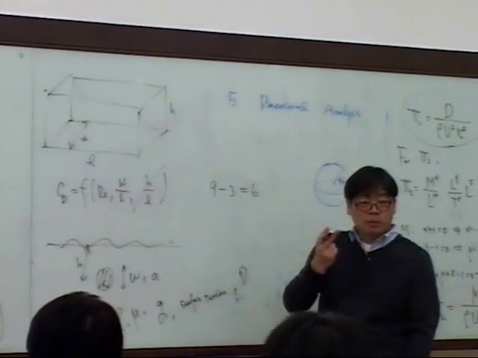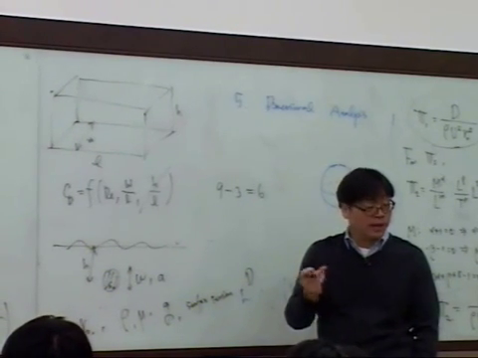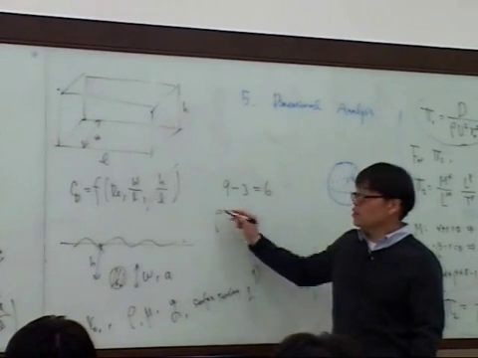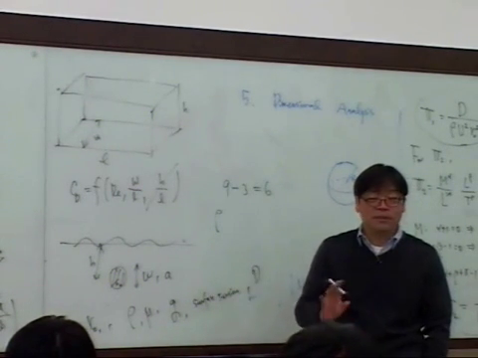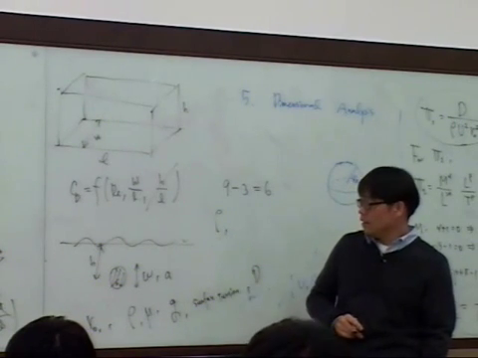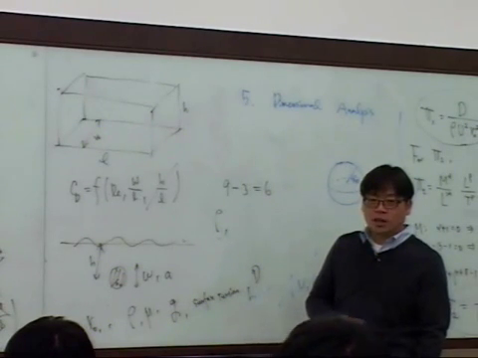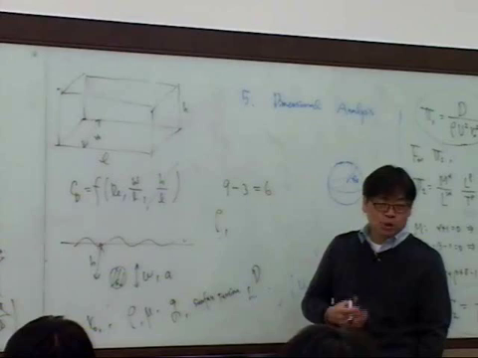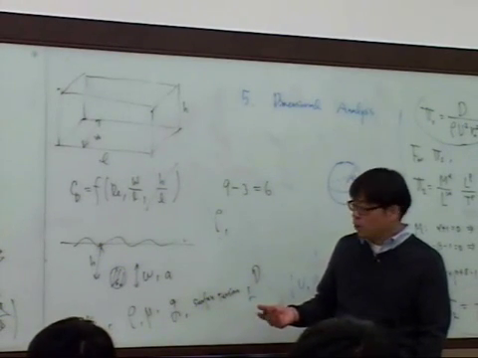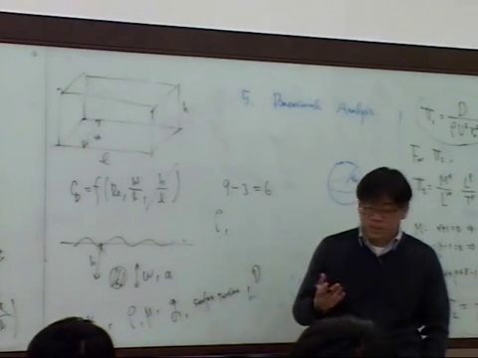And I have to choose 3 repeating variables, which have dimensions of M, L, and T. What do you want to choose? We can choose rho, because that's a very fundamental property of fluid. What do you want to choose? Last time we used U, but this time I don't have U. But I want something which has a dimension of time, right?